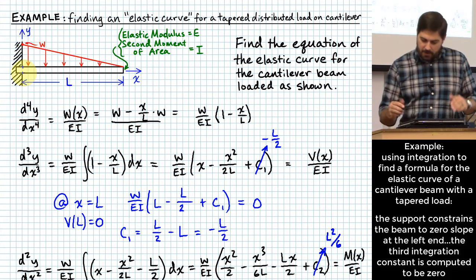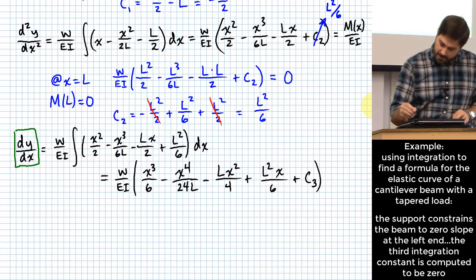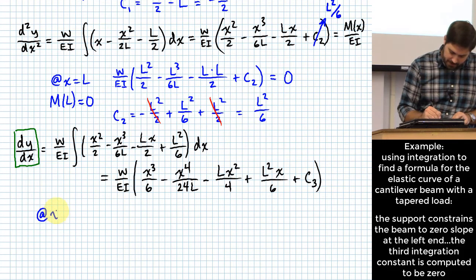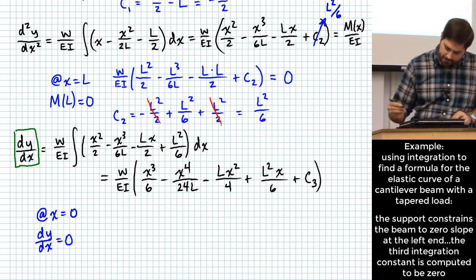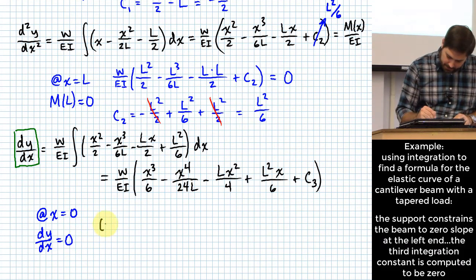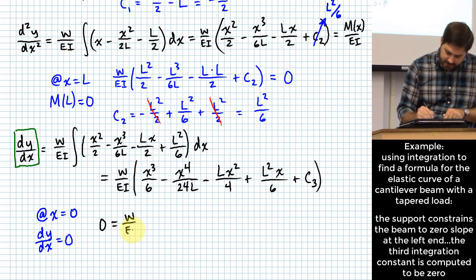So what do we say for our conditions in order to be able to find C3 down here? At x equals 0, dy/dx is going to be equal to 0. So what we'll say then is that 0 is going to be equal to W over EI times what?